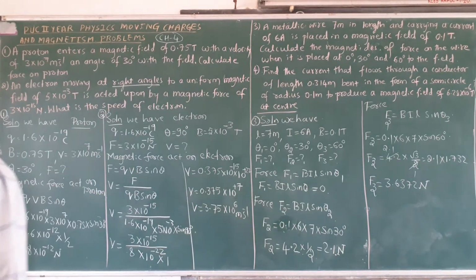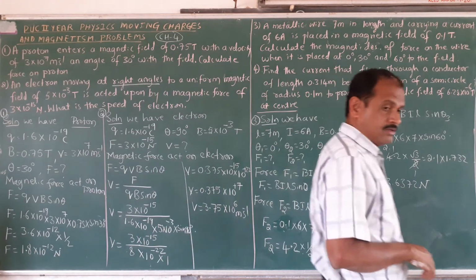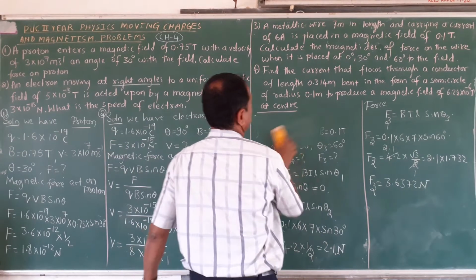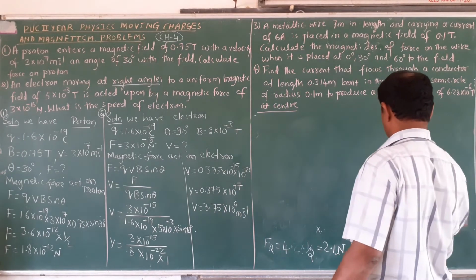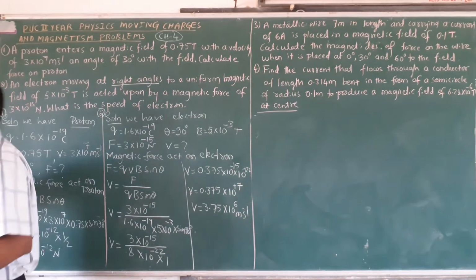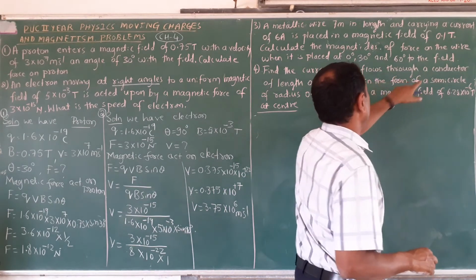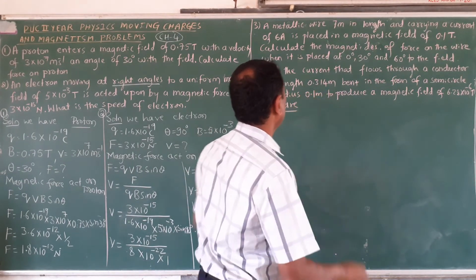Now come to the third problem. What is asked here? I want to solve this one. Find the current that flows through a conductor of length 0.314 meter.